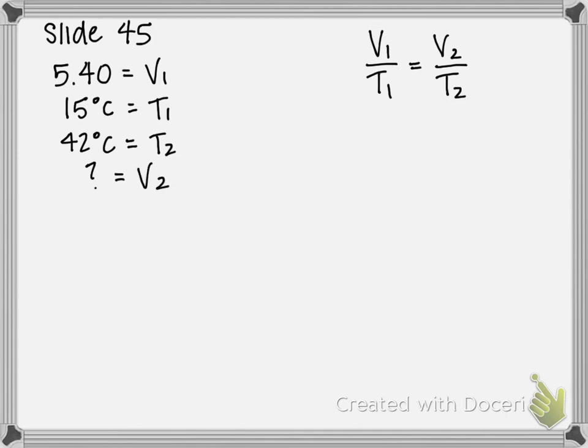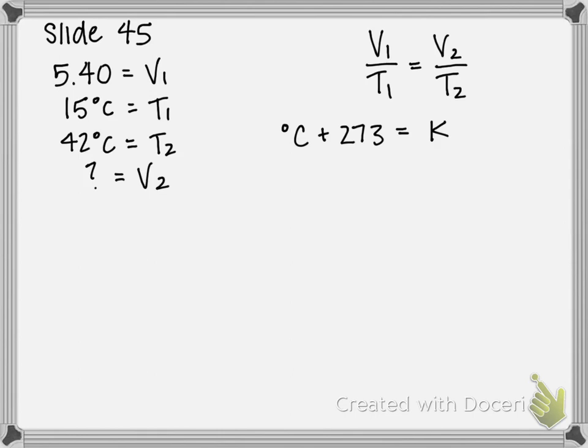That's what we're solving. So for Charles' law, we can't just keep our temperature in degrees Celsius. This law only works when our temperature is in Kelvin. So to convert Celsius to Kelvin, we're going to use the fact that degrees Celsius plus 273 gives us our temperature in Kelvin.